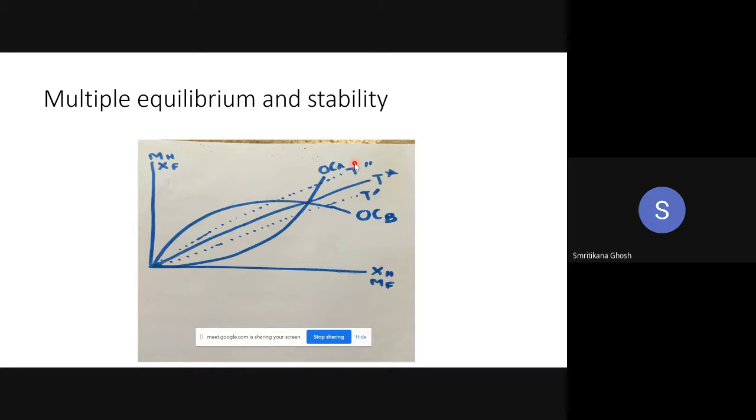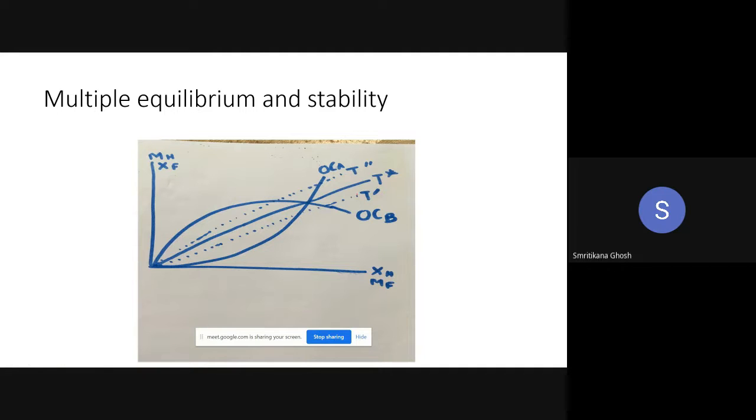Now what happens at T dash? There is no hard and fast rule that T star should always be there. There may be any terms of trade initially. If the terms of trade is T dash, then what will happen? Let me draw the lines, then you can understand better.